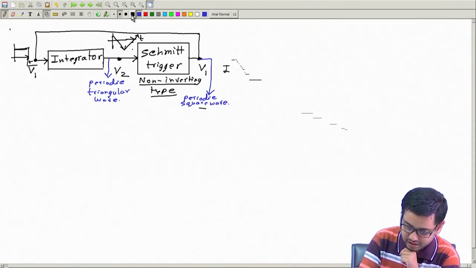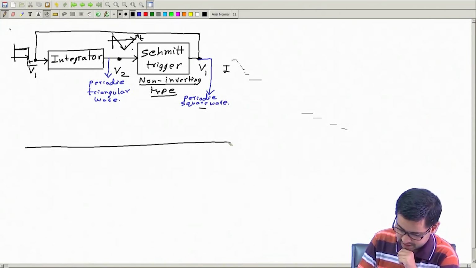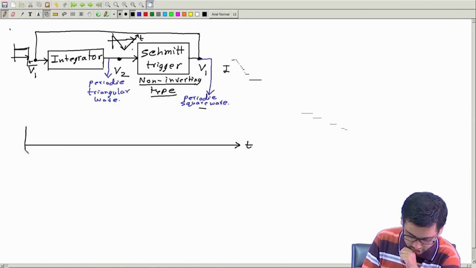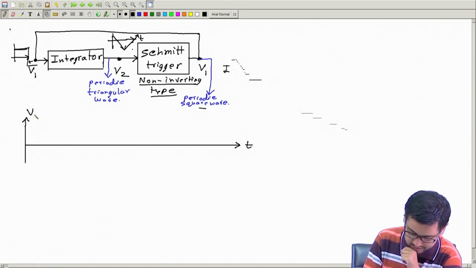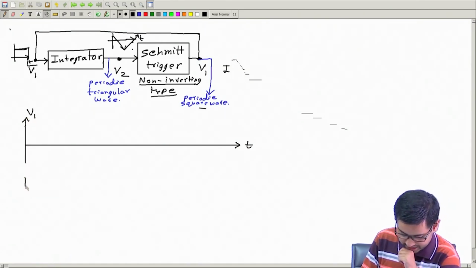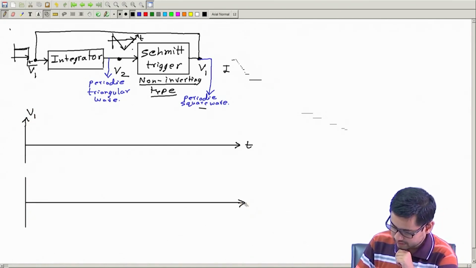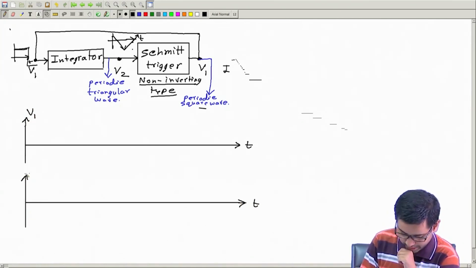Say this is the time axis, okay, and I shall draw V1 as a function of time. I shall draw also V2 as a function of time.